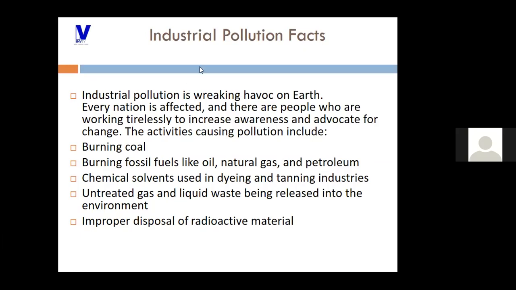These are the main causes and effects of pollution: burning coal and fossil fuels like oil, natural gas and petroleum, solvents, dyeing and tannery industries, and improper disposal of radioactive material. These are all industrial pollution, folks. There are many things, but these are the major things causing pollution in the industrial front.